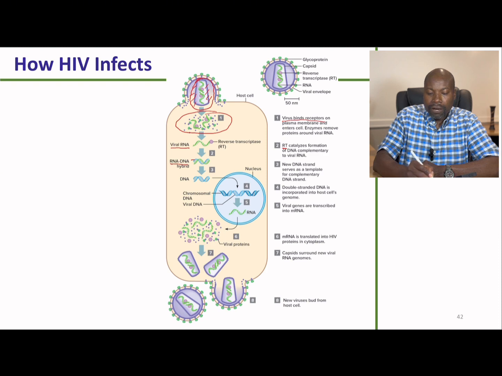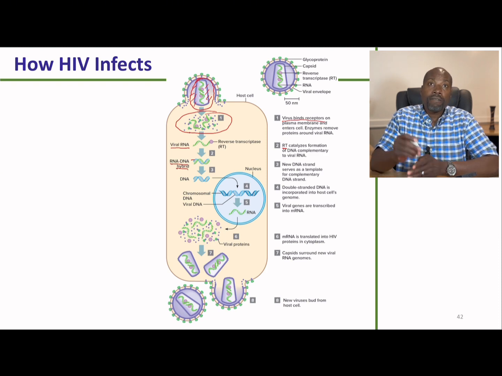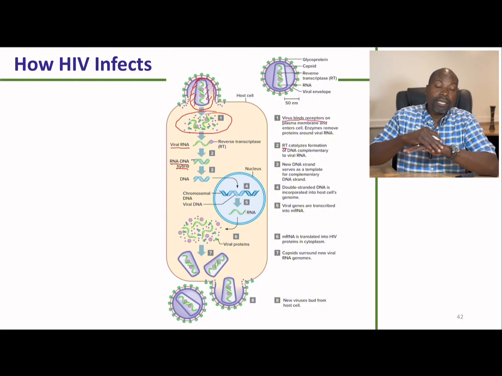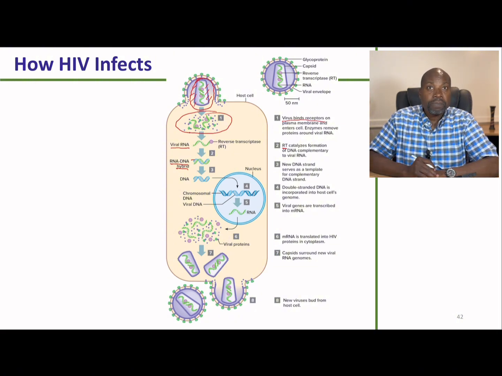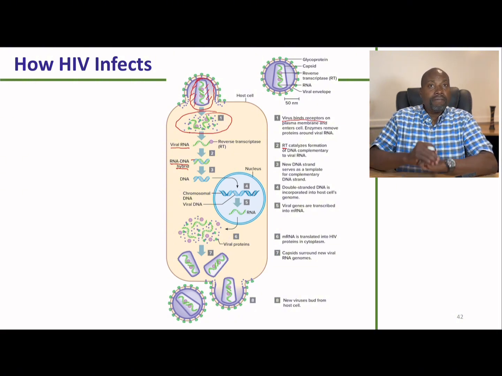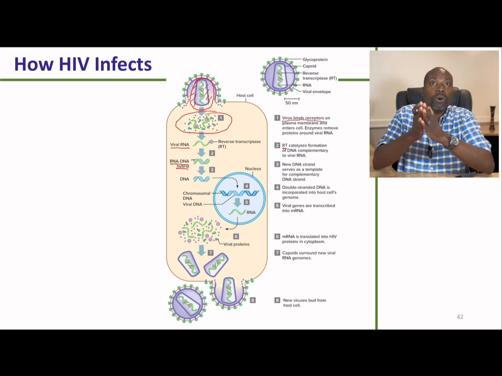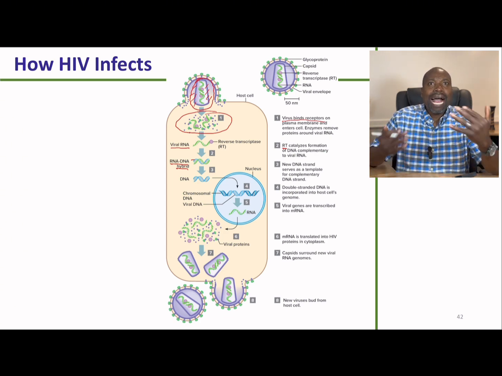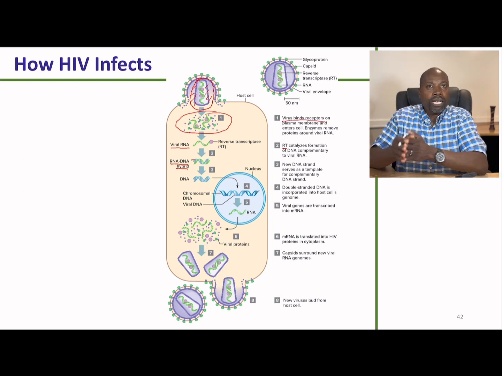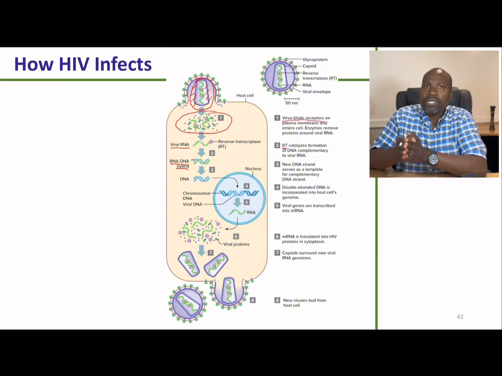So now we have a hybrid molecule of RNA and a complementary strand of DNA. Eventually, the two strands are going to separate, and our system, seeing a single-stranded DNA molecule, is going to think, wait a minute, a single-stranded DNA molecule in the cytoplasm, you don't belong there.